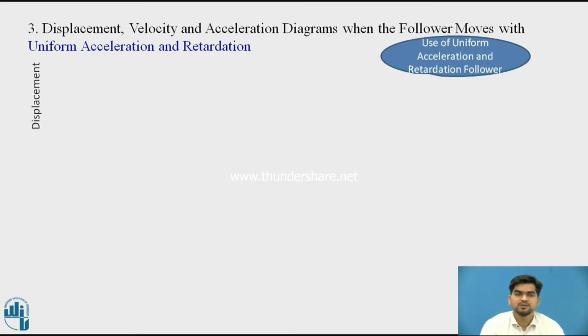Firstly we will see how to draw the displacement diagram. The vertical line indicates the displacement of the follower, and the horizontal line indicates the angular displacement of the cam. We have divided that into 4 parts: the rise, dwell, fall and again dwell.